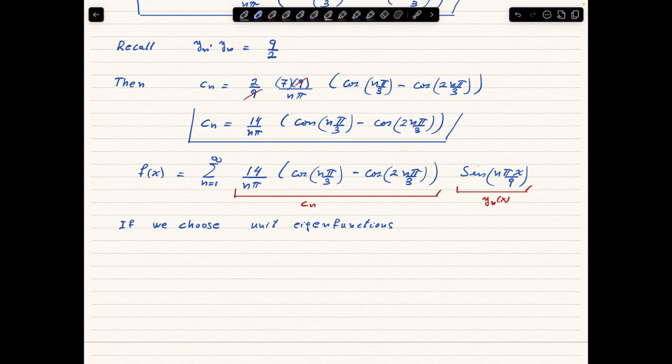Suppose we choose the unit eigenfunctions. Let me write down something before we move on: this formula is for x different from 3 and x different from 6.